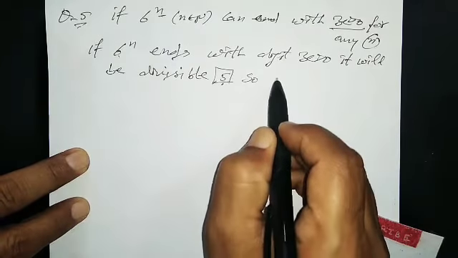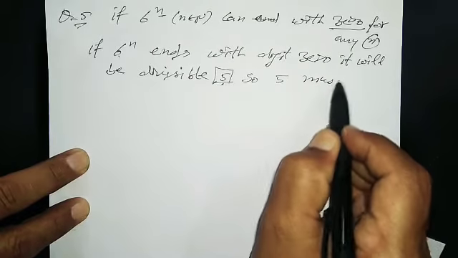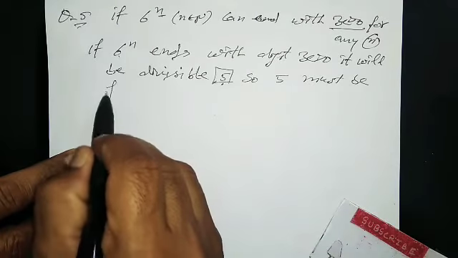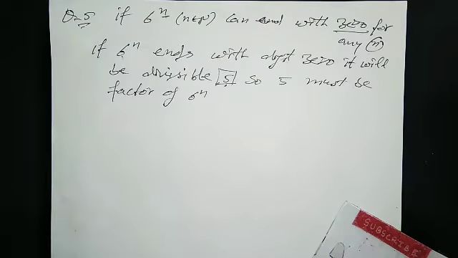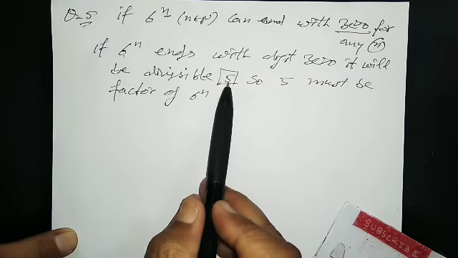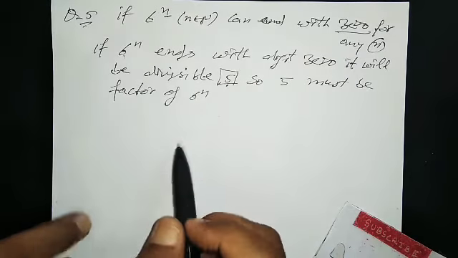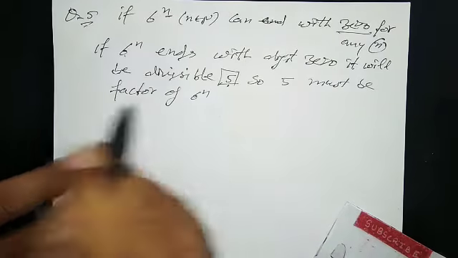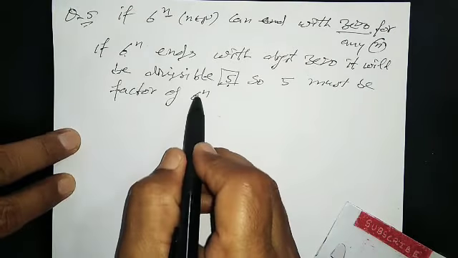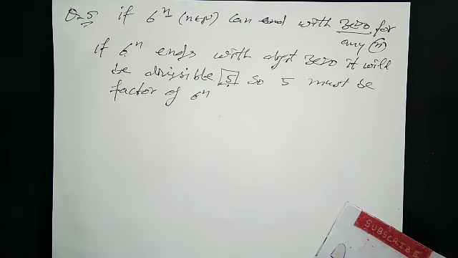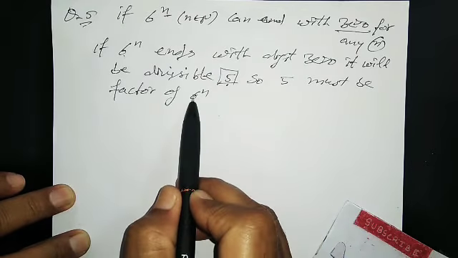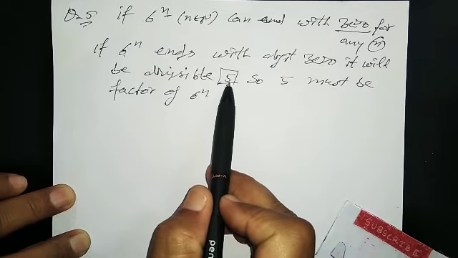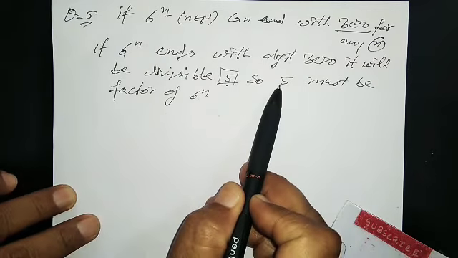So 5 must be a factor of 6 power n. Now we have to see if this number has the factor 5 or not.